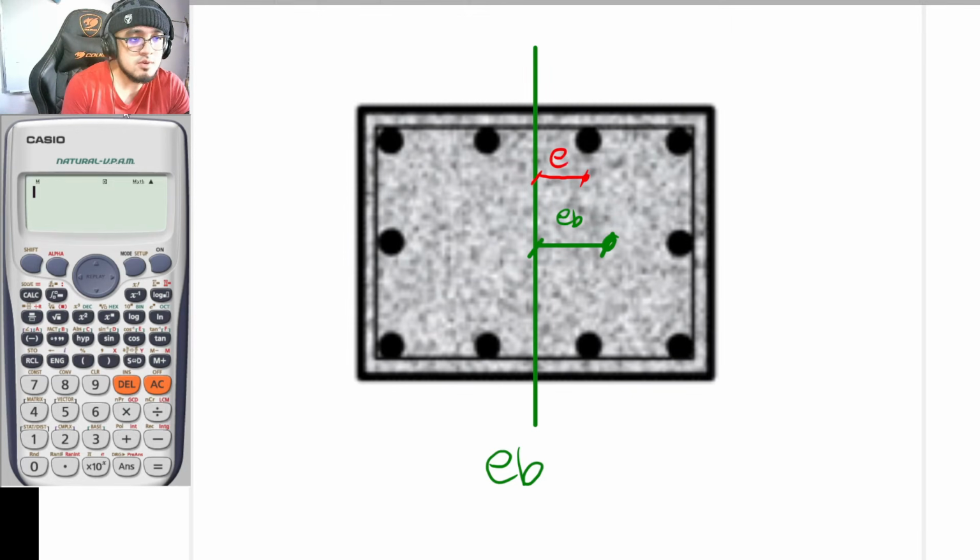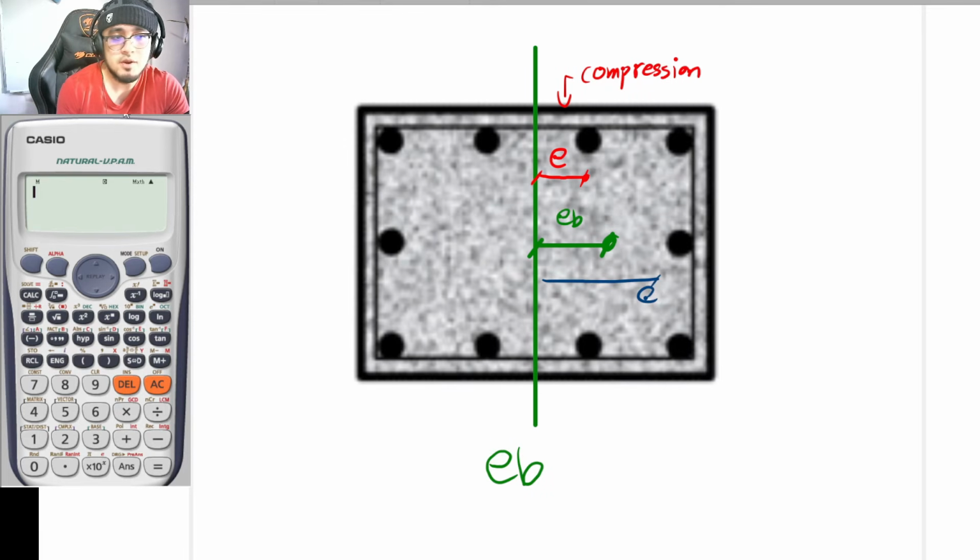So let's say that this is e, this is now compression controlled, if you can remember before. And if your e is located here, which is greater than your eb, of course it is no longer compression controlled because this one would yield. So, tension controlled, since your steel rebars would now yield.